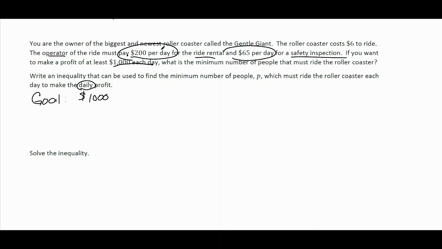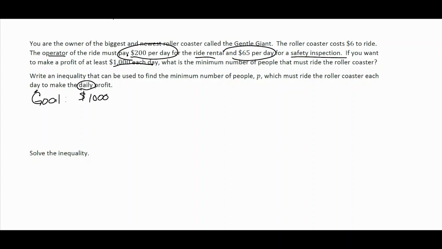So this means that this $265 is not just for the whole period that the carnival is around town, but rather it's each and every single day. Even before the owner of the Gentle Giant starts in the carnival, he or she needs to make sure that he or she will be paying this $265 each and every day.